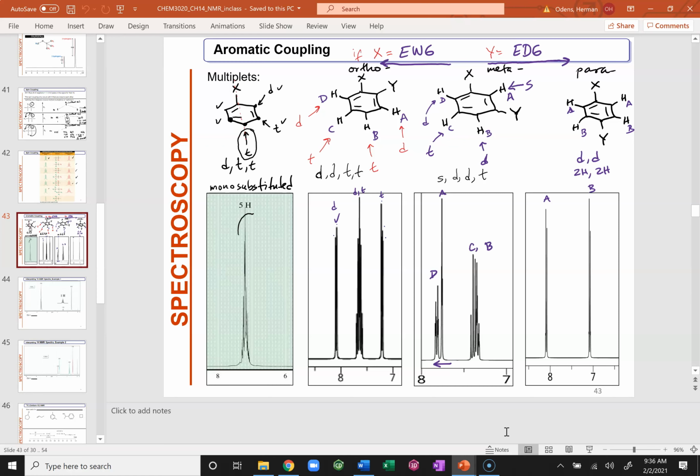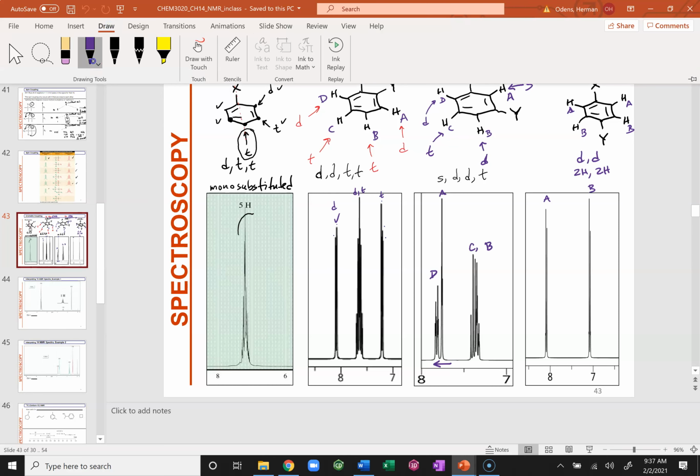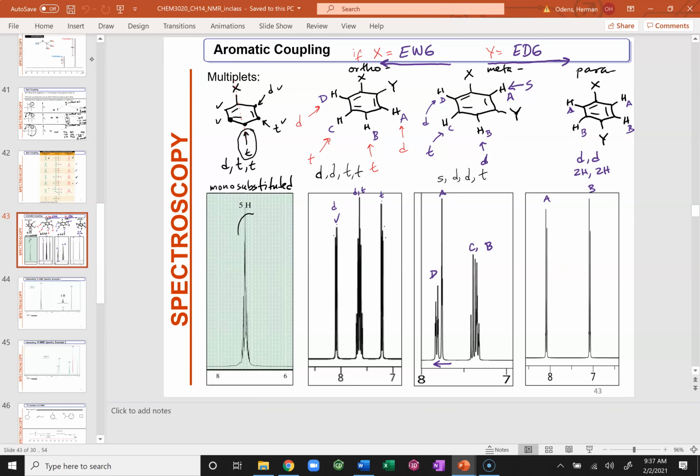So the W coupling works like this. Notice that, for example, you have A to C. I'm looking at ortho. So if I look at the ortho, there is a W coupling, which is called a long range coupling, that goes from here to there. So that's an upside down W, right?